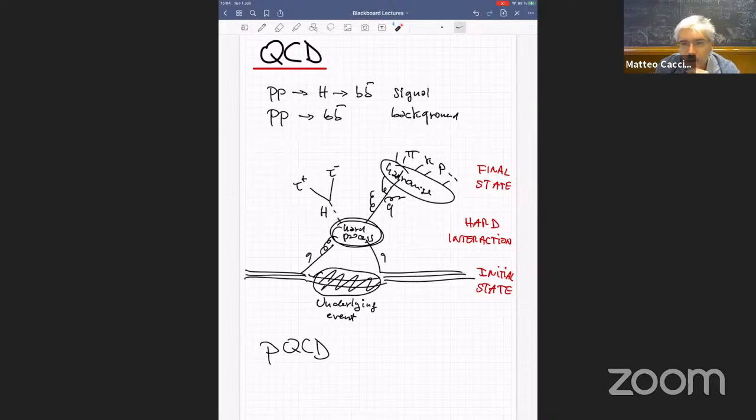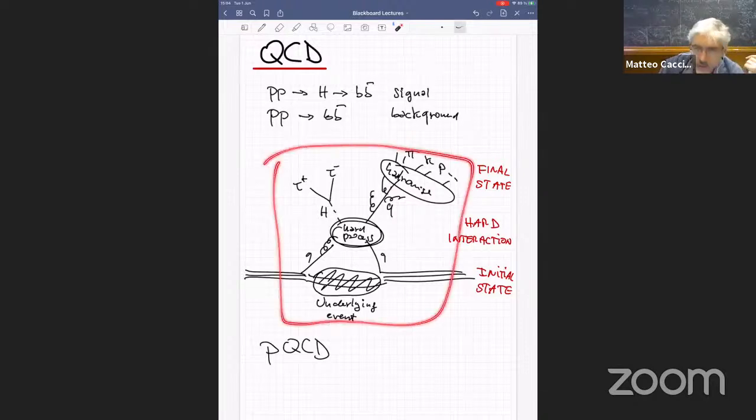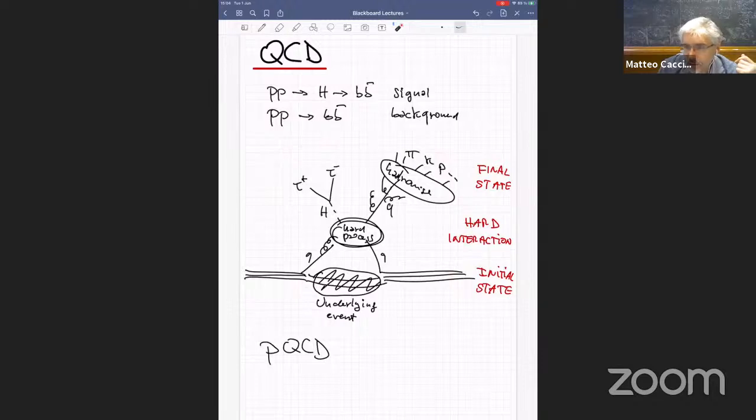Okay. So I'll only talk about perturbative QCD, and then you may say, oh well, that's disappointing. You have a very complex process here. We have a theory, which is QCD, and I cannot use it to calculate it. Well, yes, it is in a sense disappointing.